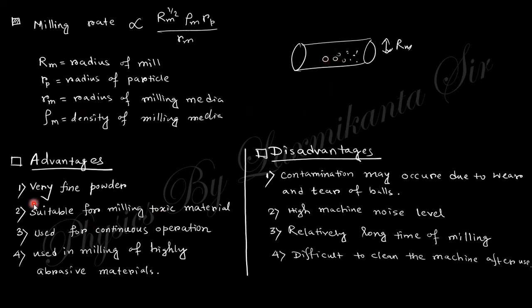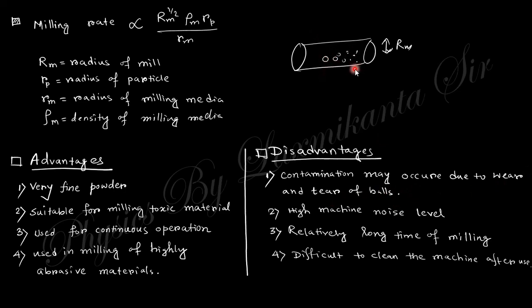The advantage is that very fine powder can be produced by this ball milling method, and it is suitable for milling of toxic material, used for continuous operation, and used in milling of highly abrasive material. The disadvantage is that contamination may occur due to wear and tear of the balls.